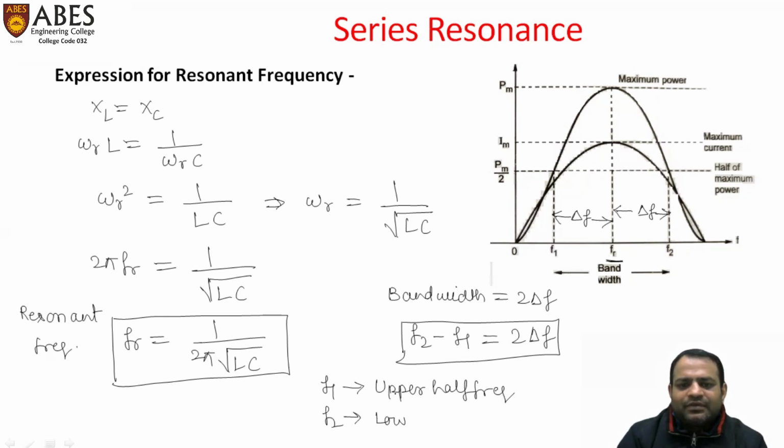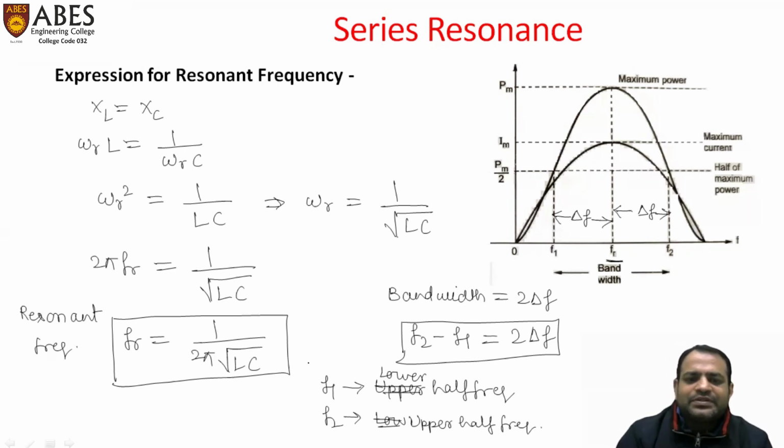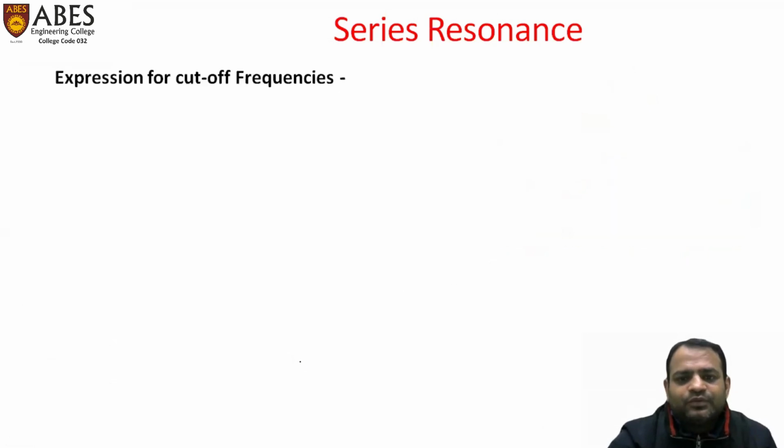Sorry, F1 is the lower half frequency and F2 is the upper half frequency. So we have to find out these frequencies and where they are derived. So we are understanding how we are taking F1 and F2.